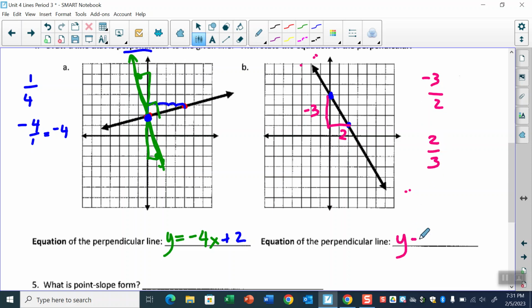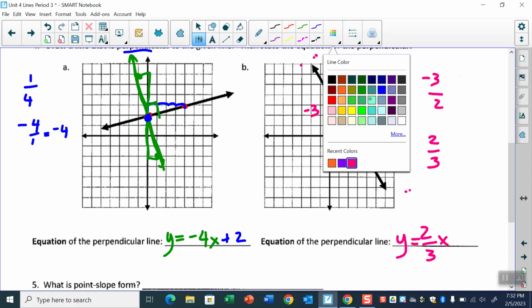All right, so y equals 2/3 x. All right, and I could just leave it at that. I could have it go through the origin, so I'll go ahead and do that.